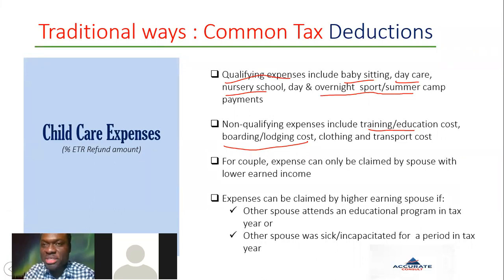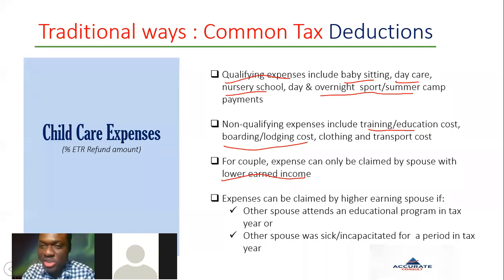Another thing you need to note here is that for a couple, the expense can only be claimed by the spouse with the lower net income. The government wants to encourage people to work. They realize that some people have a 3 or 6 month or 1 year old baby, and maybe the partner is not working and is taking the child to daycare.